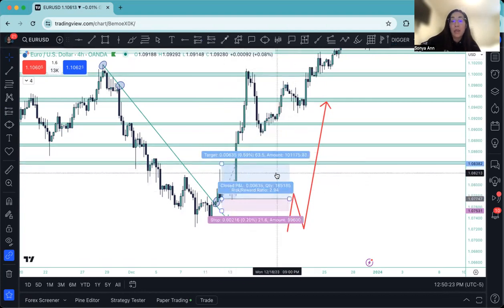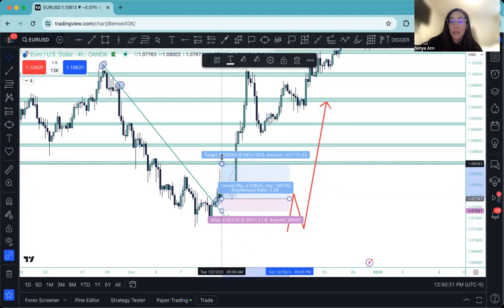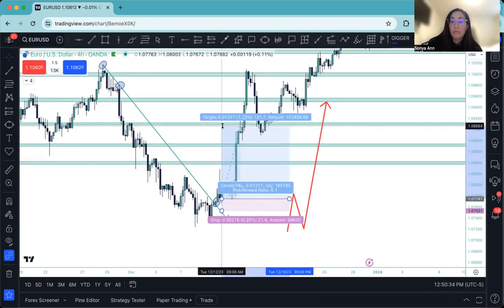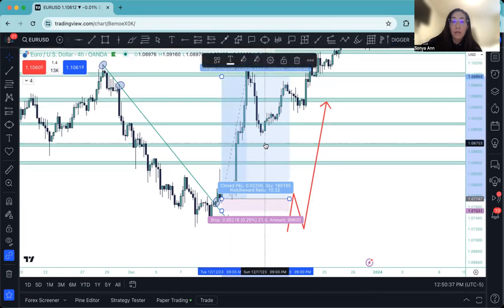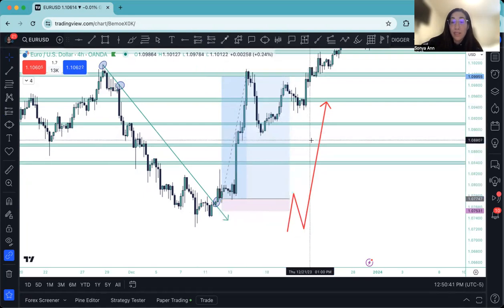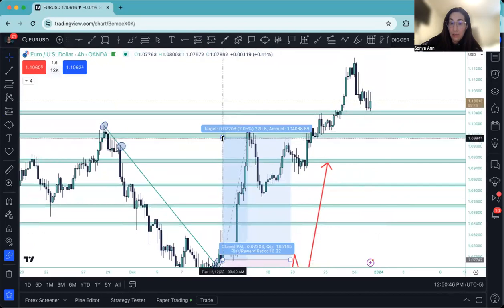It's a 1 to 3. If you had more experience, then I would say trail it up. You could have made that the 1 to 10, and it could have even been more.